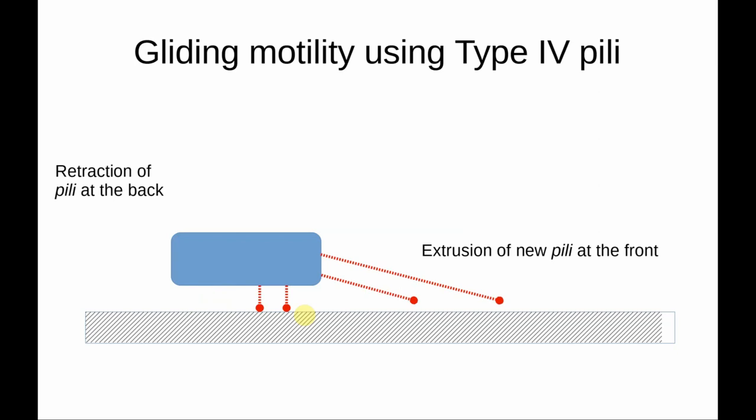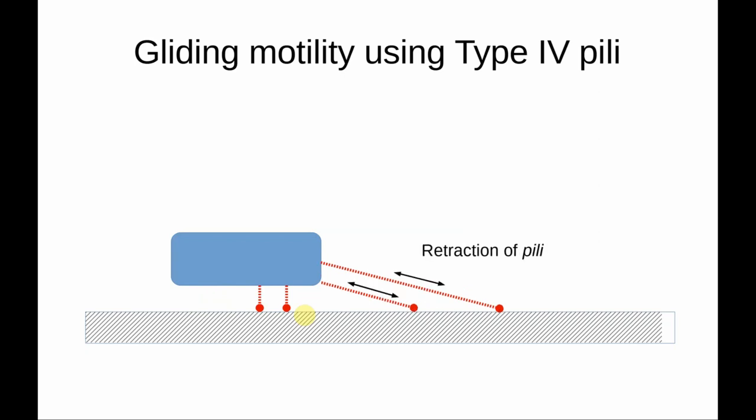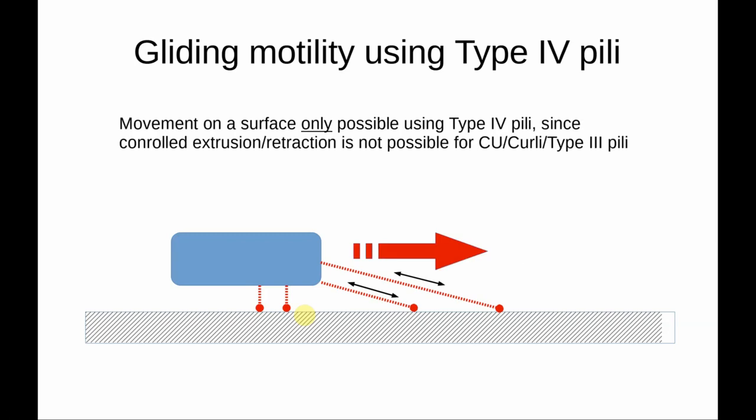And then once these ones have made contact with the surface over here, then they'll first adhere, and then they'll start to retract. And that's going to generate force, which moves the bacterium across the surface. So, you know, it can pull itself along on a surface.